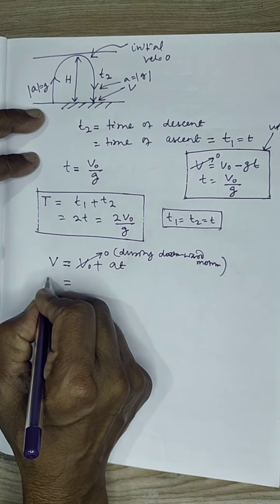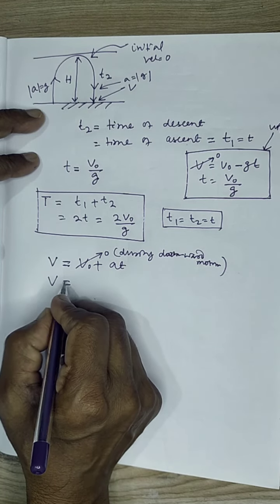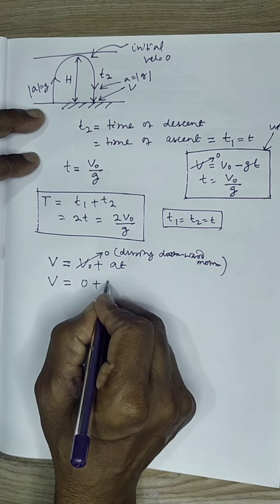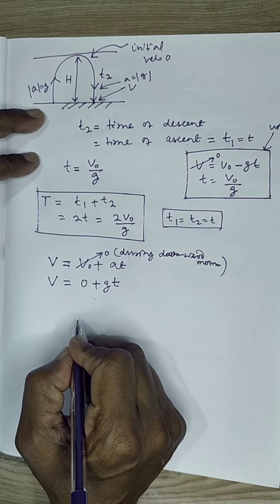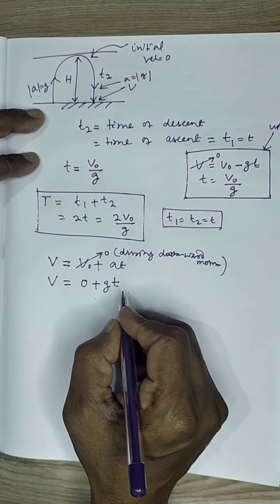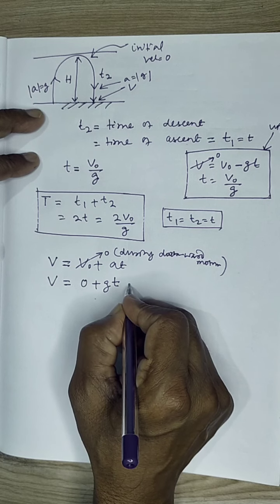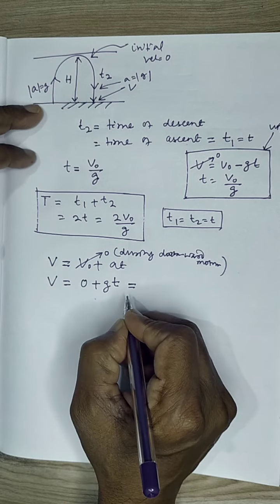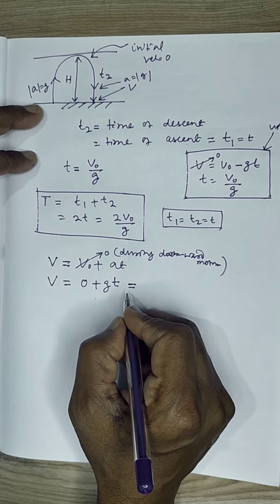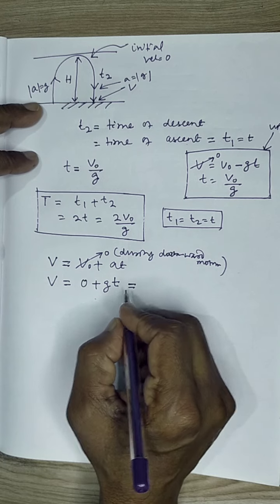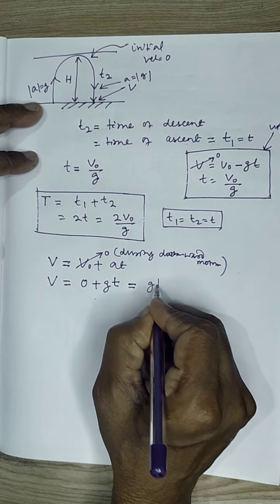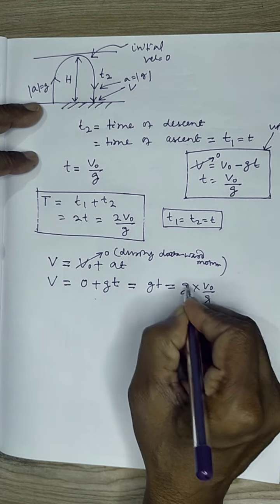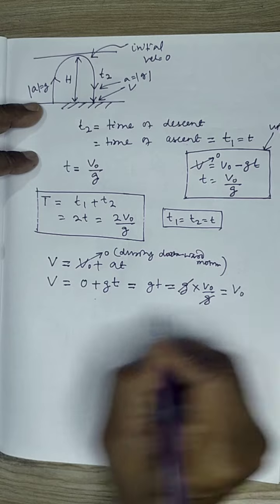Now we get v, the velocity at which the object will hit the ground, will be 0 plus gt, which is equal to g into v0 by g, that is v0.